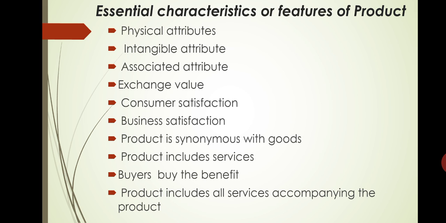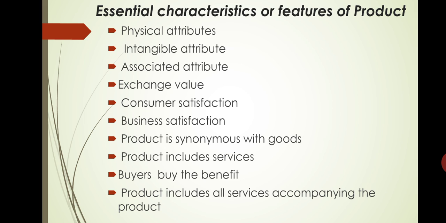And next one, business satisfaction. A product must be able to ensure business satisfaction, that is fulfillment of the primary aim of business. You know that the main aim of business is profit maximization, right. The seller of the product must be able to earn some profit on the sale of his product. However, earning profit is not the only aim of the seller.